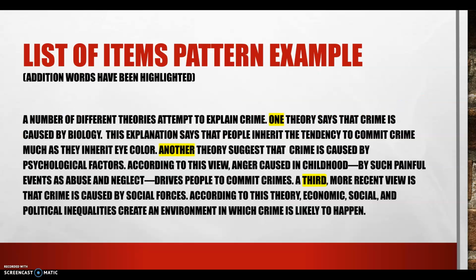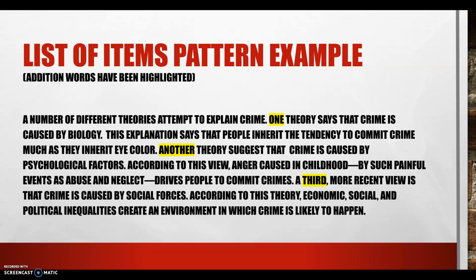Okay, so here's a paragraph that uses the signal words, the addition words, and it is set up in this list of items. A number of different theories attempt to explain crime. One theory says that crime is caused by biology. This explanation says that people inherit the tendency to commit crime, much as they inherit eye color.